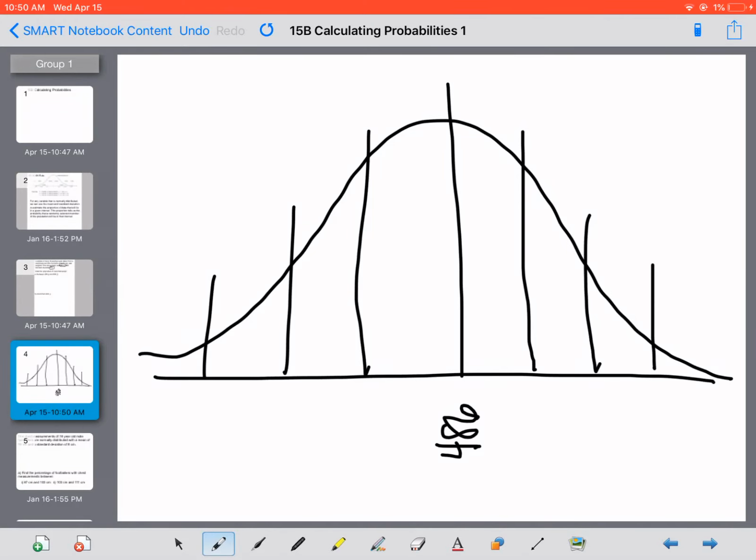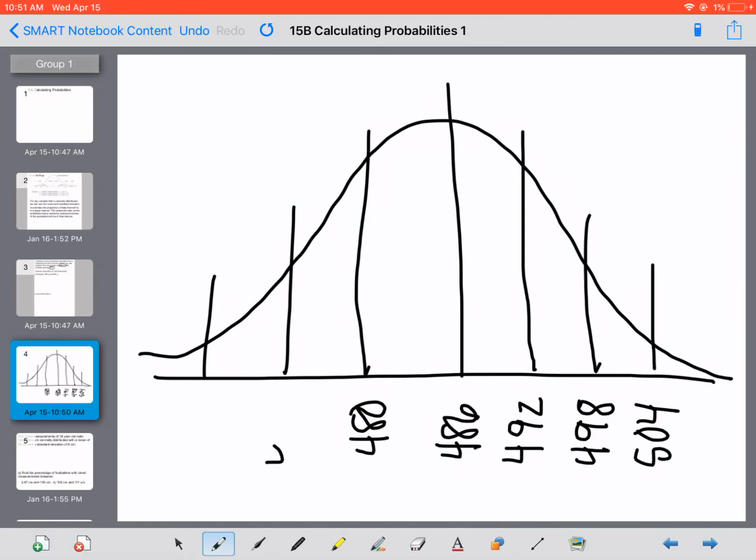So using our standard deviation of 6, we are going to add 6 to each from a 486 to get our first one. So that's going to be at 492, and then add 6 more and you're at 498, and add 6 more and you're at 504. And then going the other direction, if we subtract 6, we're at 480. Subtract 6 more and you're at 474, and then 6 more and you're at 468. So here is our normal distribution for this particular curve.